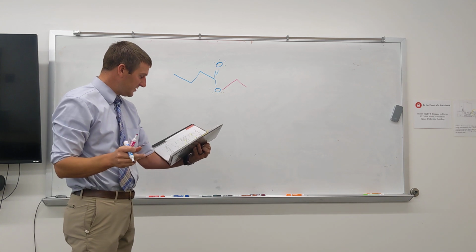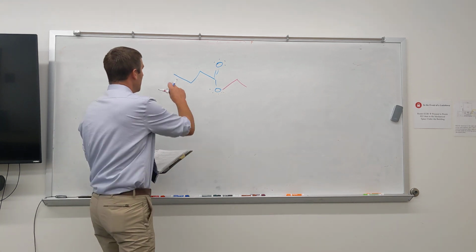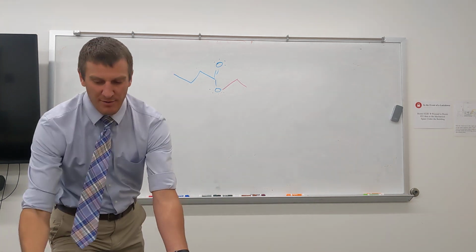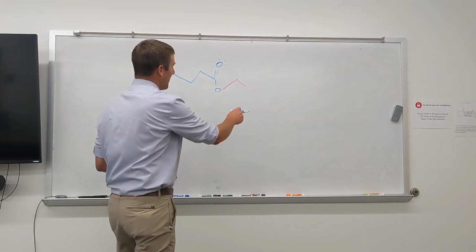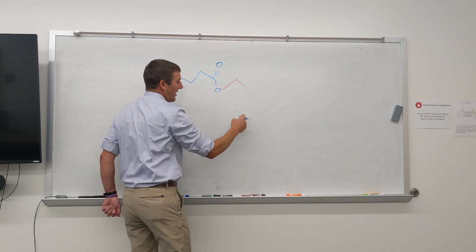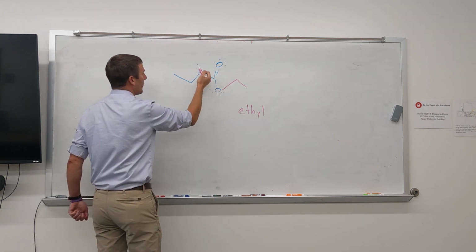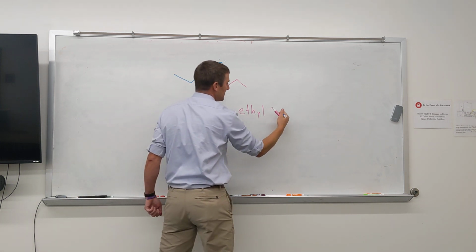Let me double check: 1, 2, 3, 4 carbons, and 1, 2. Now when we name this, on this side would be the alcohol. That would be an ethyl. And over here, 1, 2, 3, 4, that's a bute.